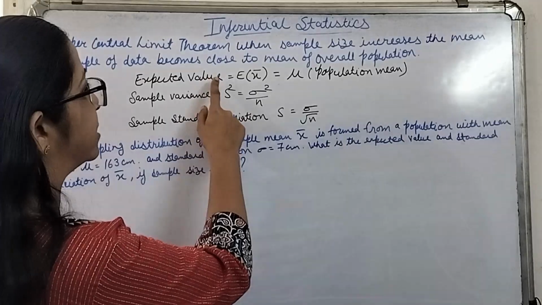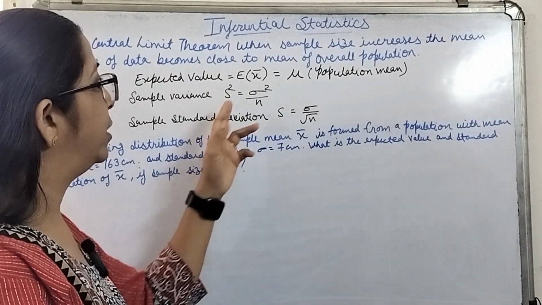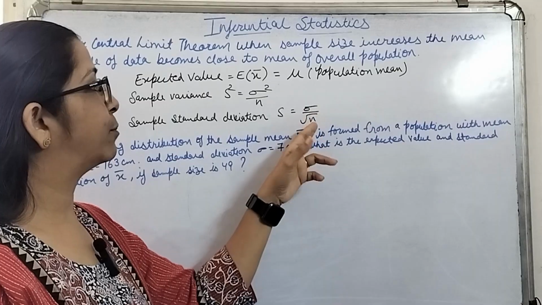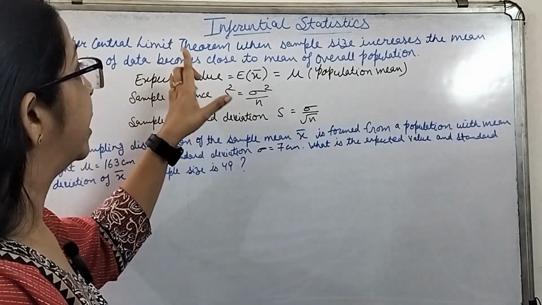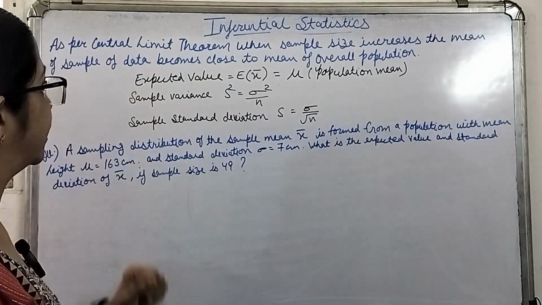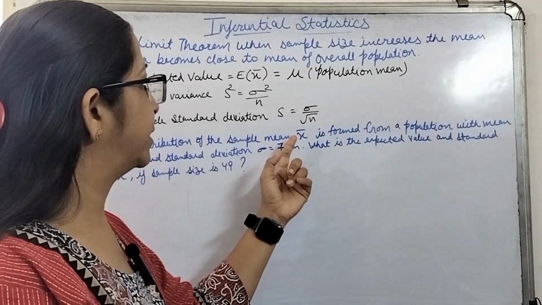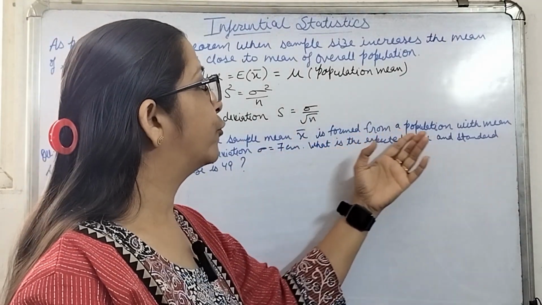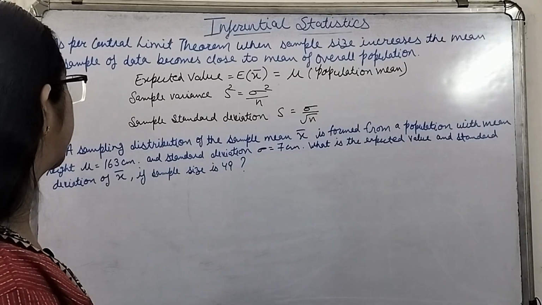Over here we can see S² is σ²/n. If we take the square root of the whole, we get S equivalent to σ/√n. So these are the values for the sample if your sample size is large. Now let's see the question. A sampling distribution of the sample mean, x̄, is formed from a population with mean height μ equal to 163.